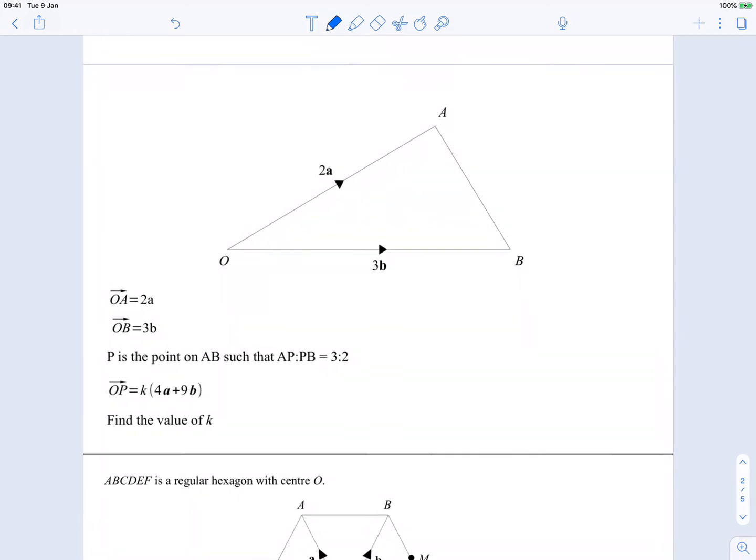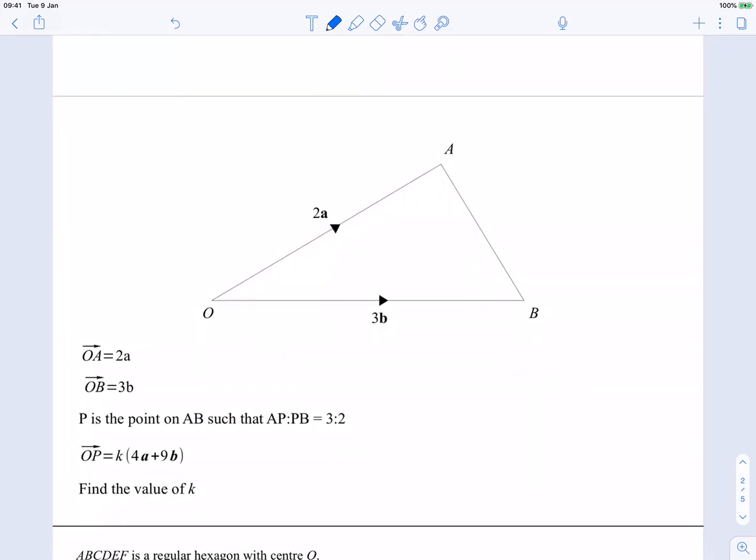Okay, next question. O to A is 2 lots of A and O to B is 3 lots of B. Point P is on the line AB, so P is somewhere on this line here, such that A to P and P to B is in the ratio 3 to 2. Interesting, so P is here such that for every 3 parts of this, there's 2 parts of this.